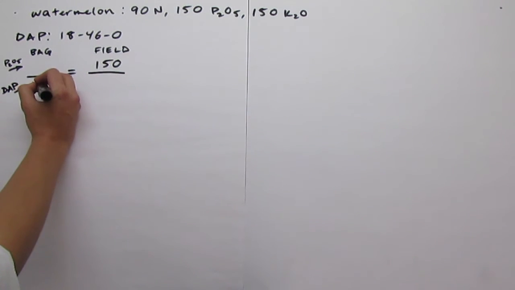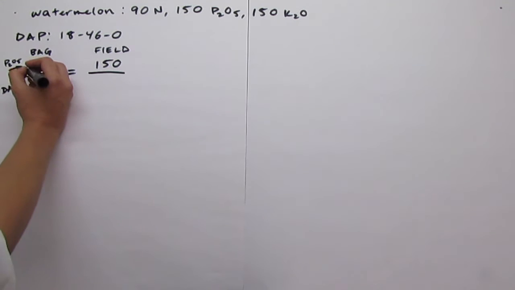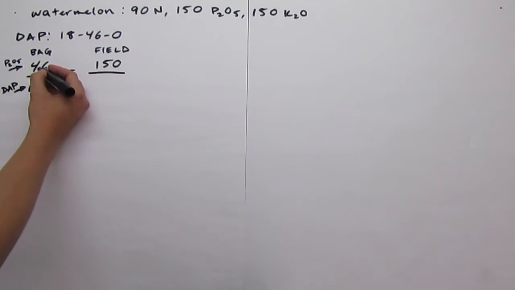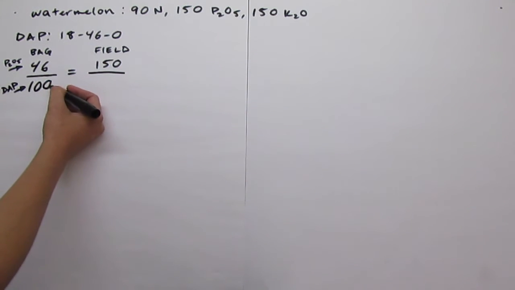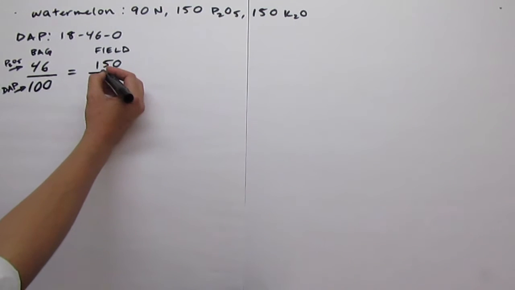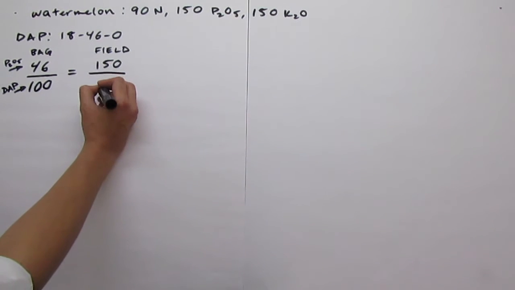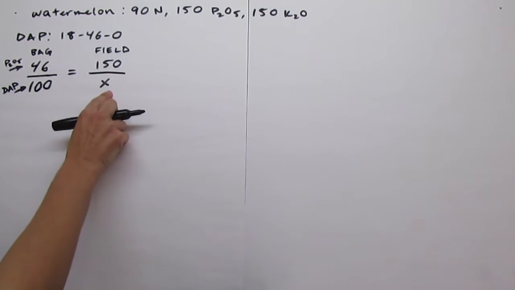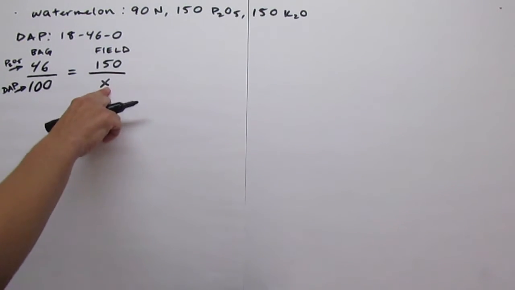So for every 100 pounds of DAP, that will contain 46 pounds of P2O5. So 46 over 100 goes on my left-hand side, 150 goes on my top over here, and then that all goes over X, because this is the amount that I don't know. I don't know how much DAP I want to apply to my field, but I'm trying to figure that out.